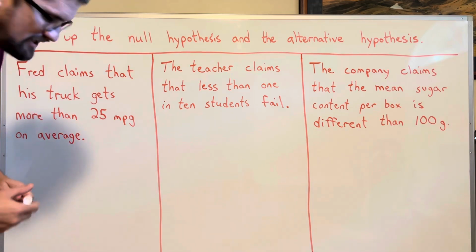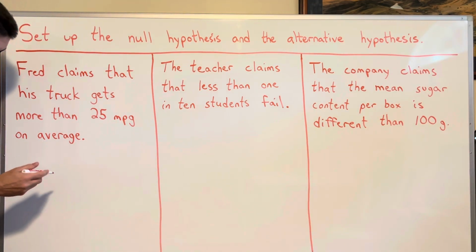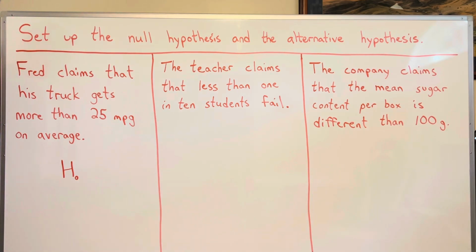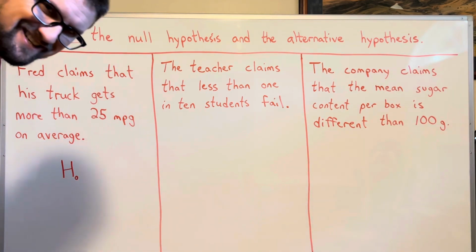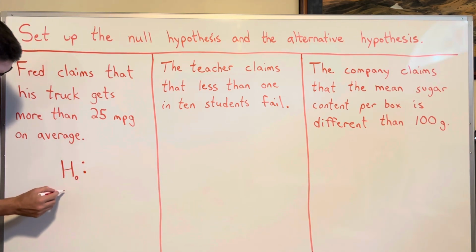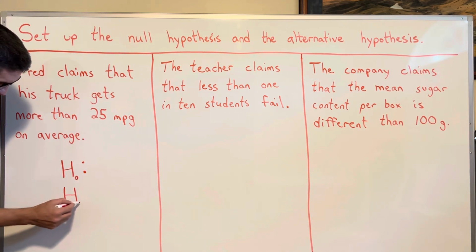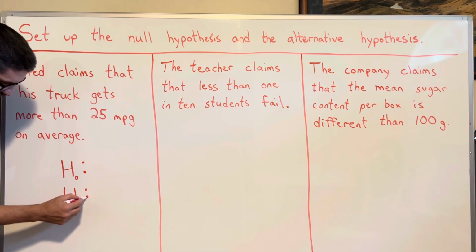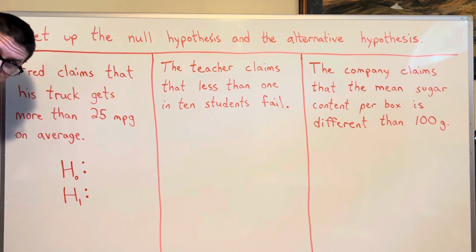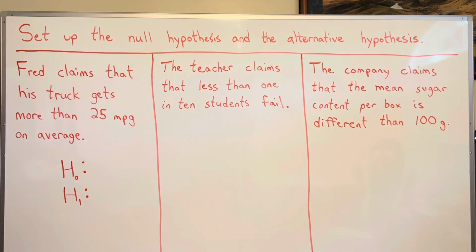Now the way you want to set it up is you want to put H with a subscript 0 that represents the null hypothesis, colon, and then put H with a subscript 1 below it. This is the alternative hypothesis.